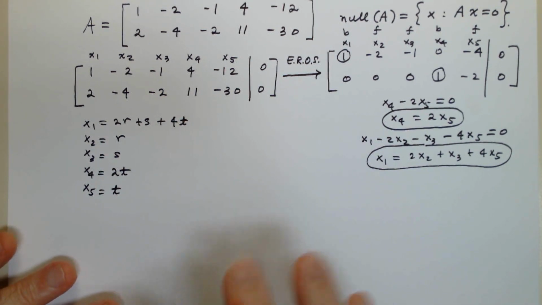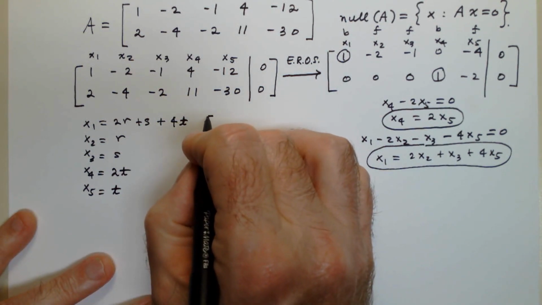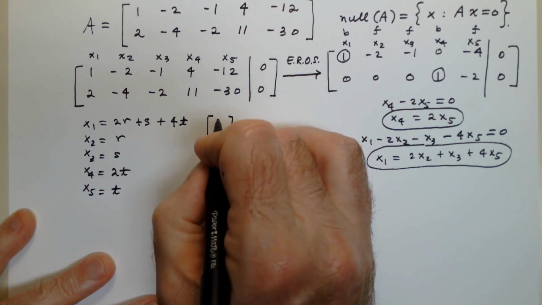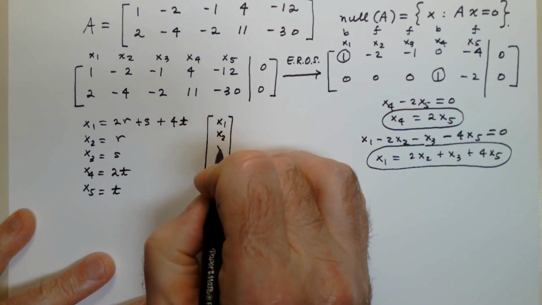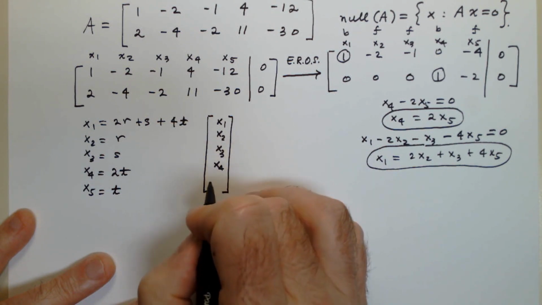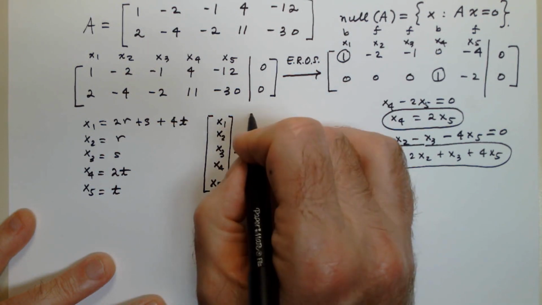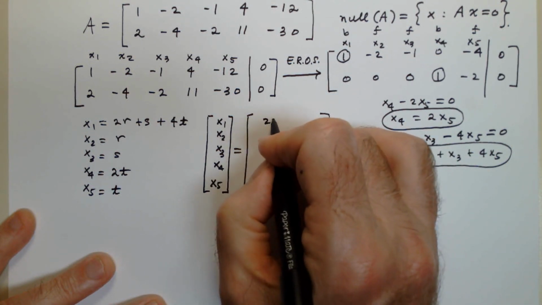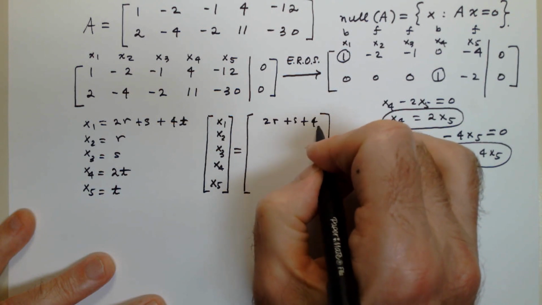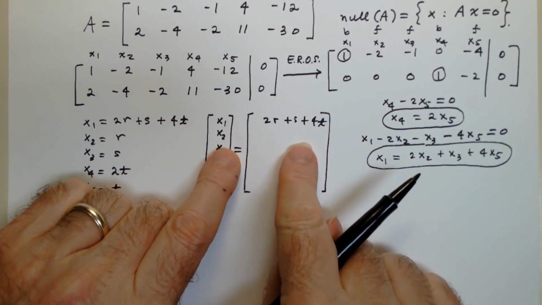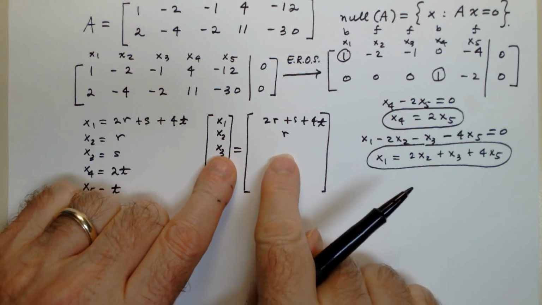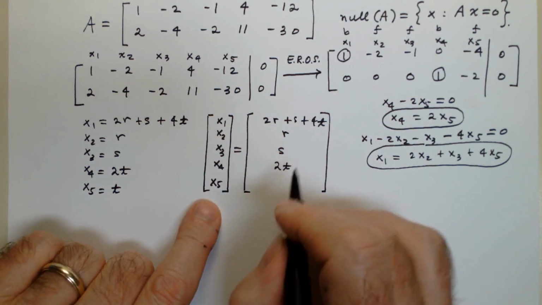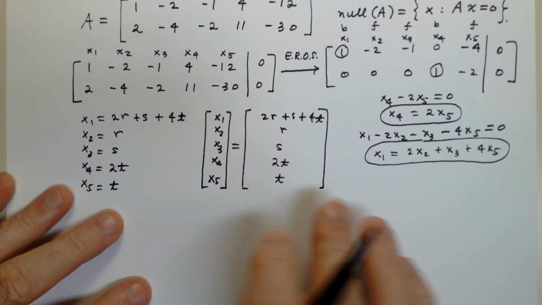All right, now if we want to write this in vector form, we'll have first entries and second entries, third entry, fourth entry, and fifth entry. And then we can do as before.